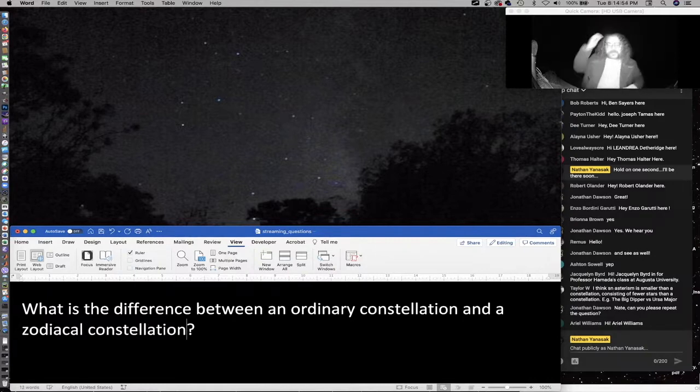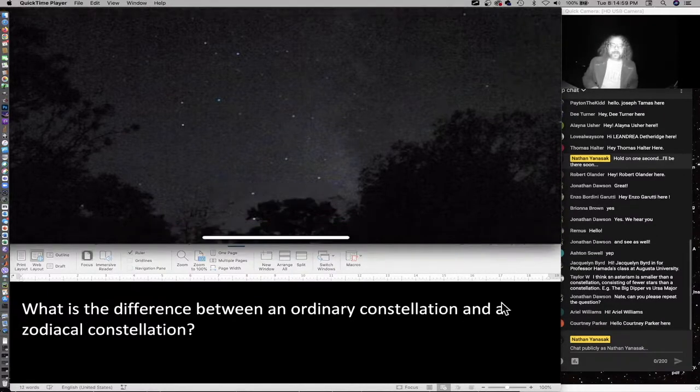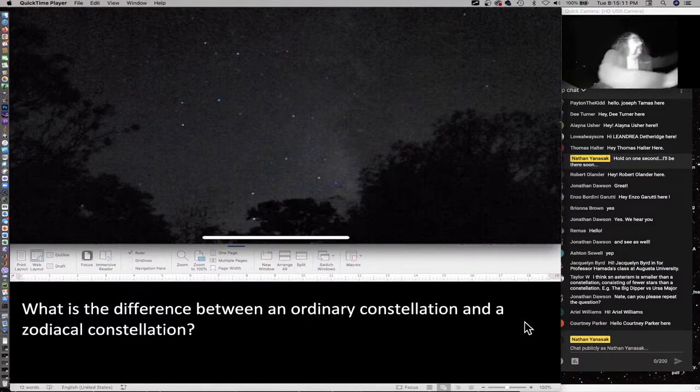Sagittarius is part of the zodiac, and the question is, what makes a zodiacal constellation a little bit different than an ordinary constellation? So let's ponder that for a second. Let me move my camera up a little bit so we can see this more plainly.